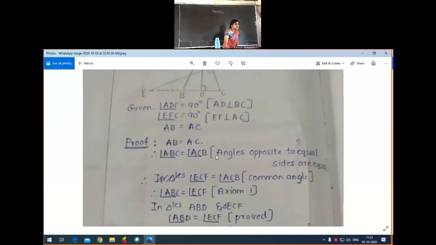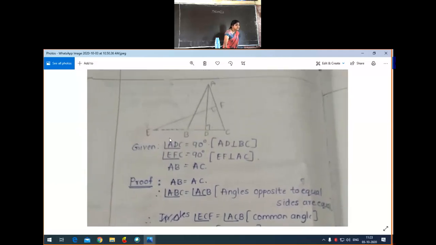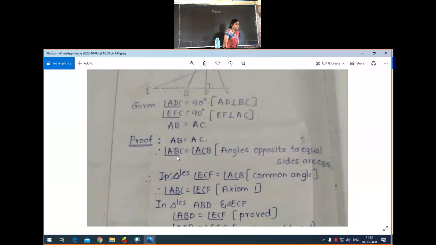Actually, angle ECB. Here this angle ECF is equal to this angle ACB. We'll note this down for further use; we'll fix this angle as one common angle. Next, observe that angle ABC is equal to angle ACB, and angle ECB is equal to angle ACB, common angle.